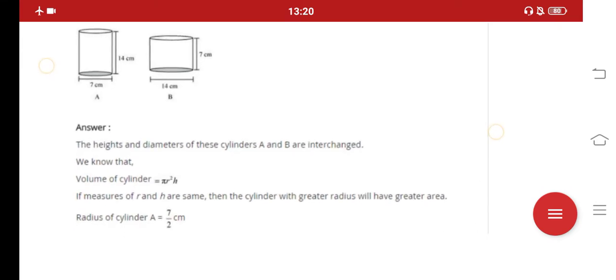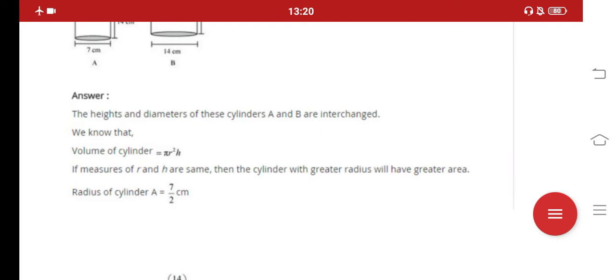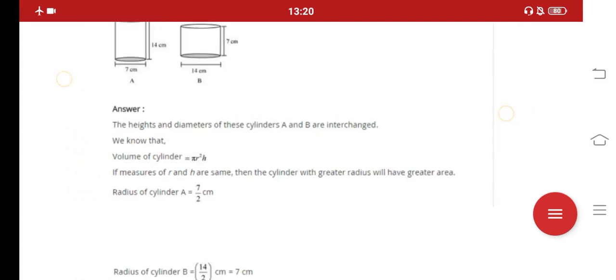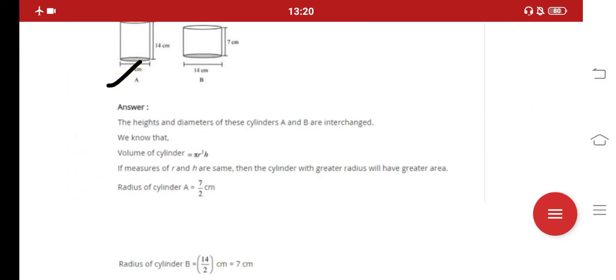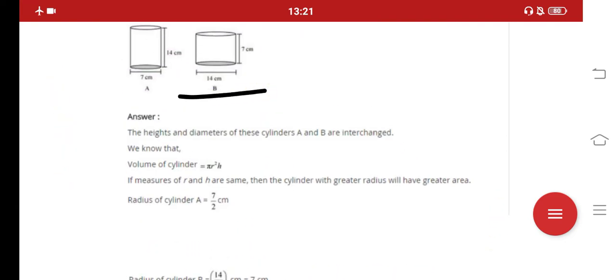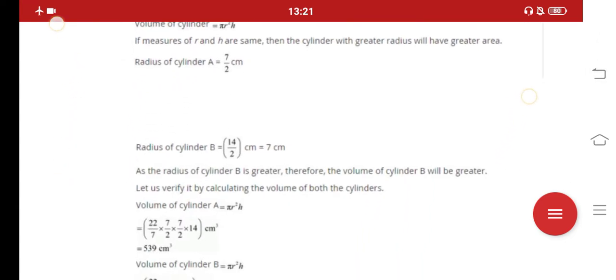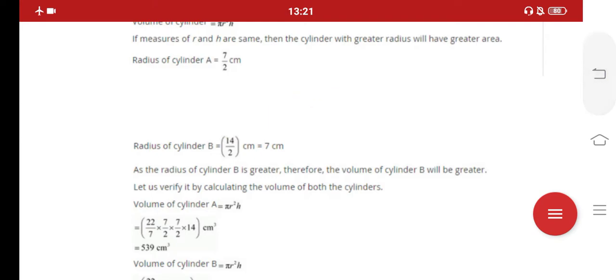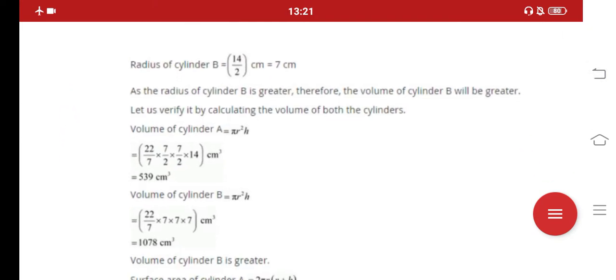So see, volume of a cylinder, first cylinder, A and B. Pi r square h is the volume of a cylinder, and here for the first we are using radius 7 divided by 2, because 7 is the diameter. For cylinder B, this is the total diameter, so 14 divided by 2 is the radius of cylinder B. Now volume of cylinder A is pi r square h.